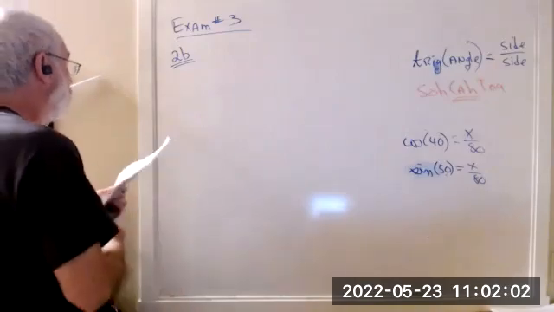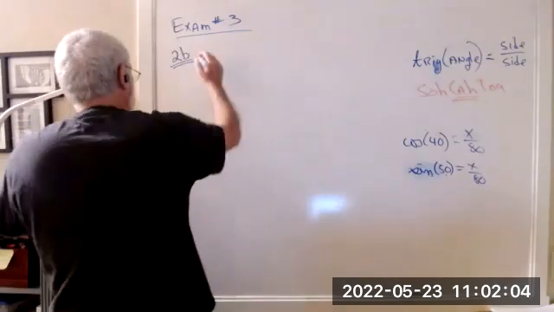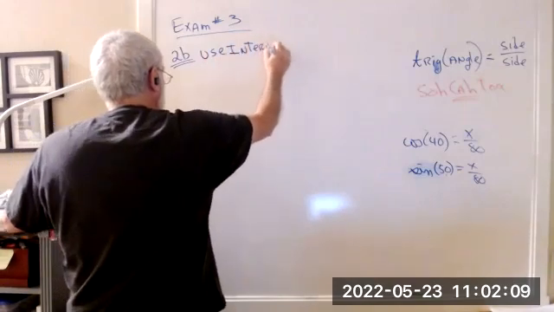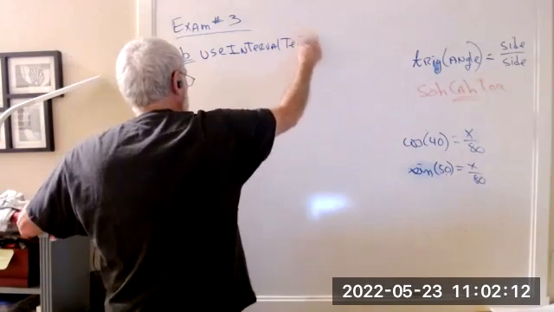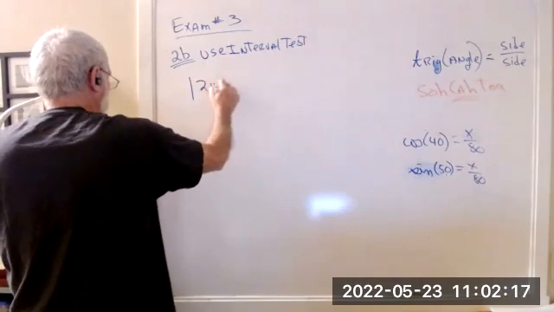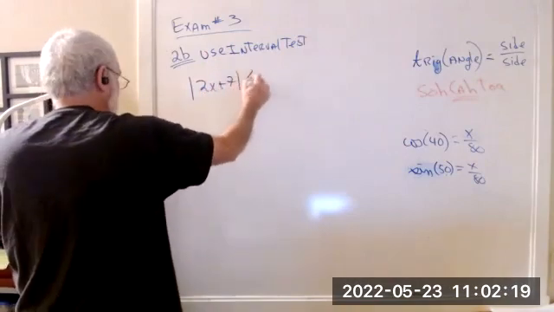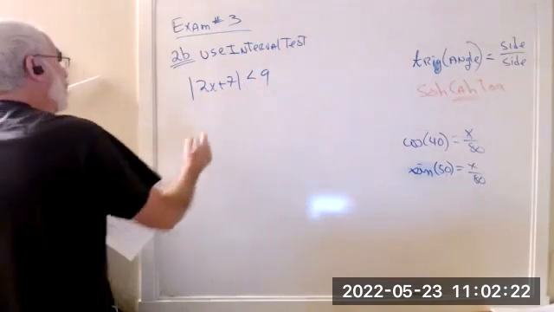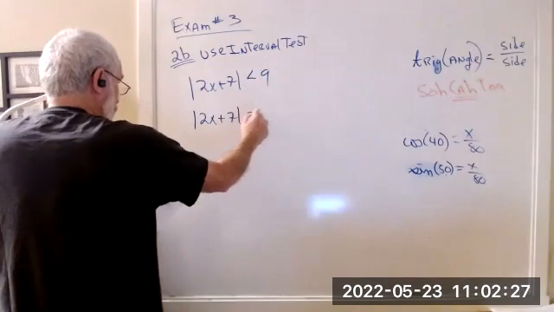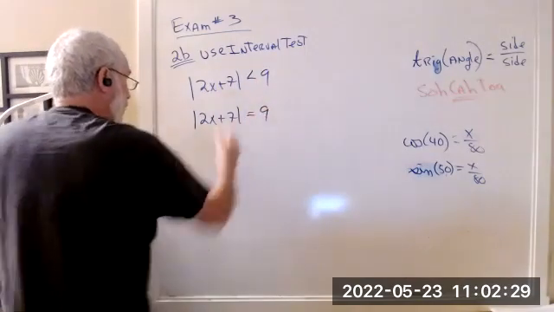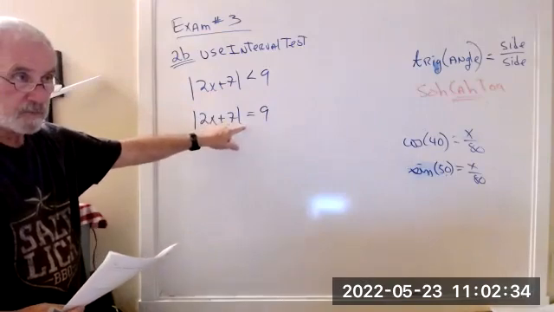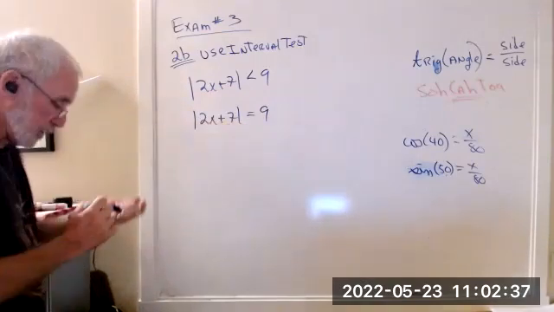All right, number 2B. It said use interval tests. So we have the absolute value of 2x plus 7 is less than 9. The way we used interval tests was we ignored the less than or greater than symbol and we just wrote it as an equal. Then we said, how do I solve this problem?